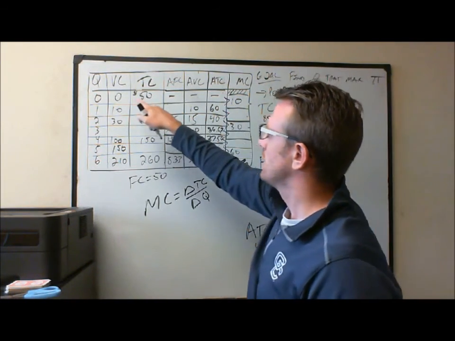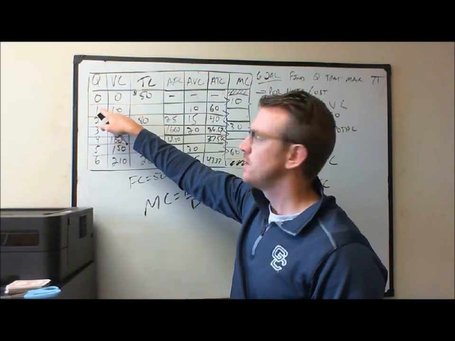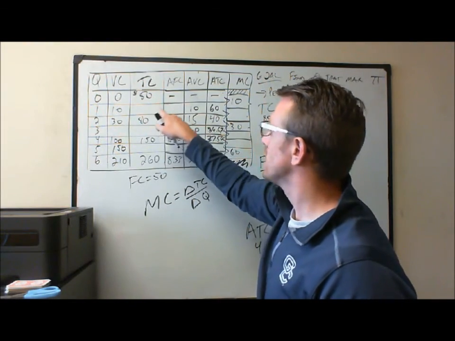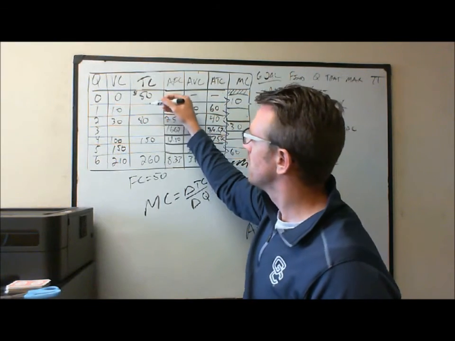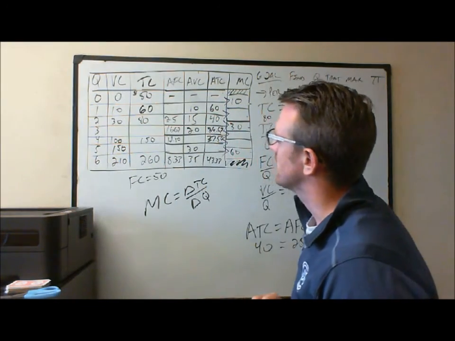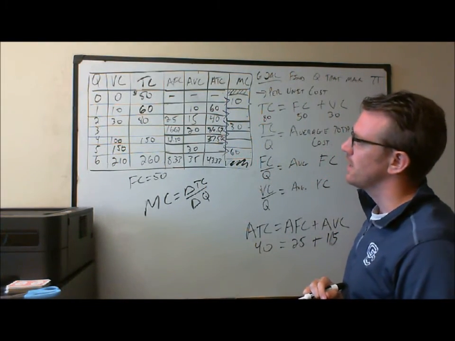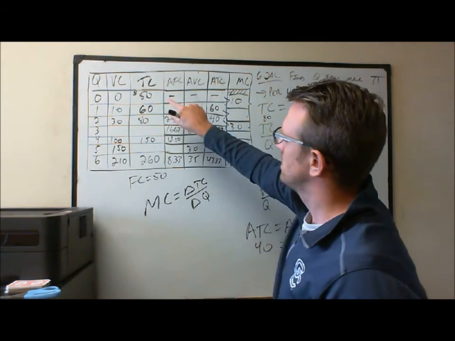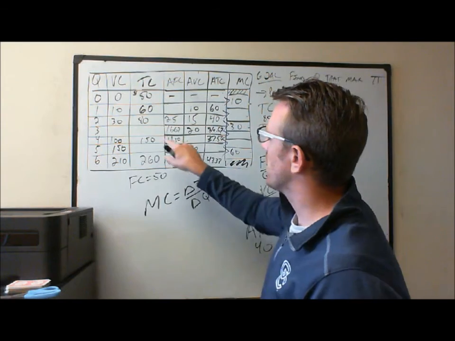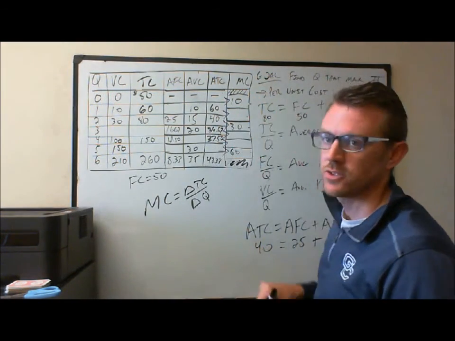So, change in quantity was 1. Change in total cost is 10. What must this be? 60. Right? How did I get that? Change in total cost over change in quantity equals 10. I use the marginal cost.